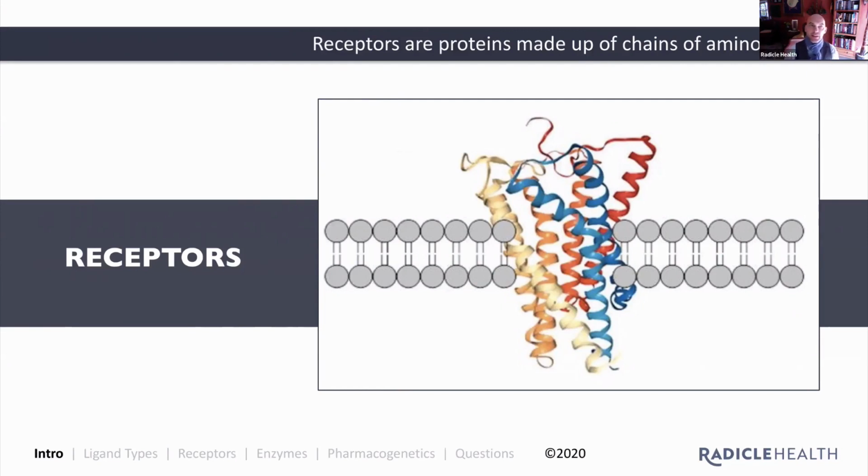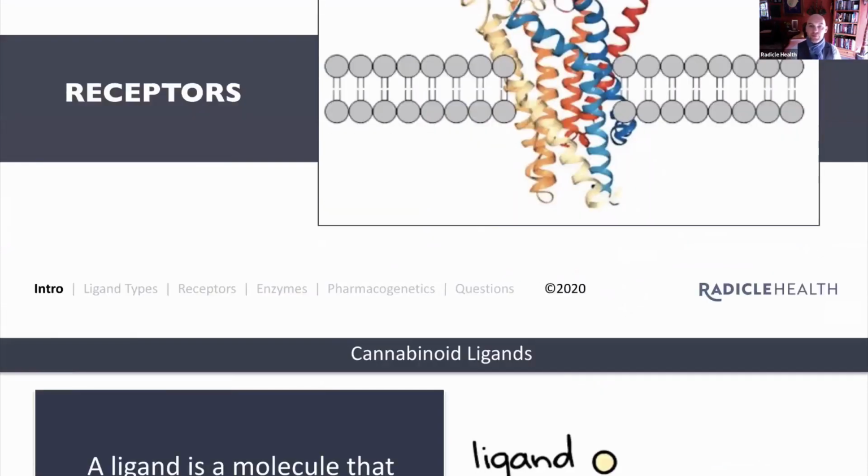The second unique attribute is that when substances bind to them on the outside of the cell membrane, they send signals through the protein, through the amino acid chain, to another protein that's attached to that receptor on the inside of the cell. That's actually a G protein, which is why this receptor is called a G protein coupled receptor. So it's the G protein on the inside of the cell that's actually initiating the changes.